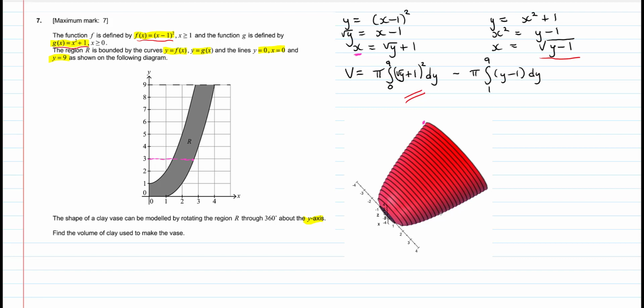So now that we've got our equation, we're just going to bring up our graphing calculator and solve this on the calculator. So we're just going to plug this integral here into our calculator and solve.